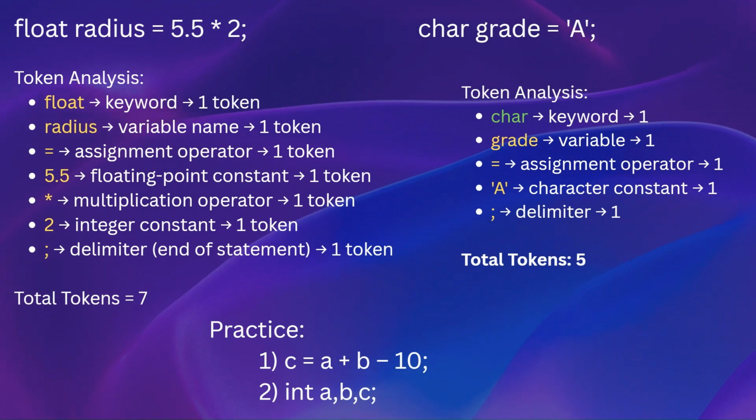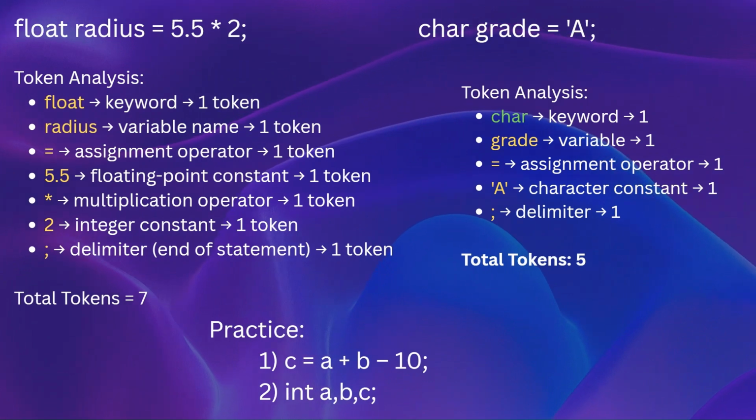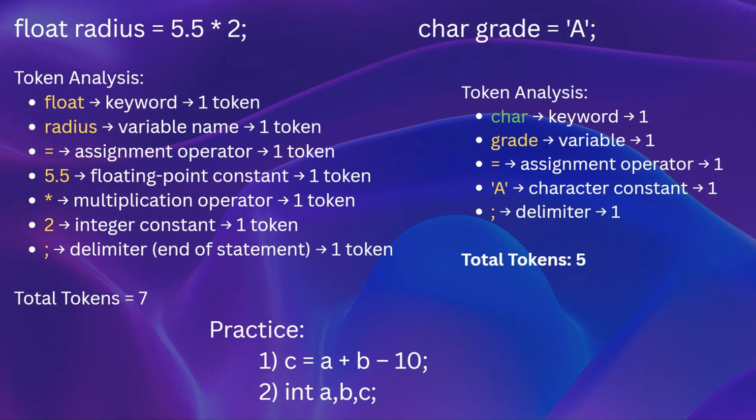Then star, used as the multiplication operator. It is also one token. Then 2, it is an integer constant. Then it is the next token, and at the last, semicolon. It is a delimiter, meaning the end of the statement. So it is also one token.